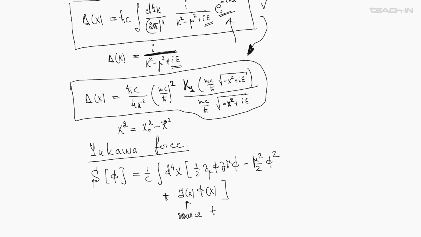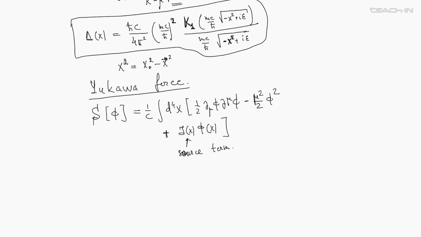This source term can be considered as a source for the field φ, and simultaneously it changes the Hamiltonian of the field φ itself. So in other words, the Hamiltonian and the energy receive an extra contribution from the interaction of the field φ with this source.